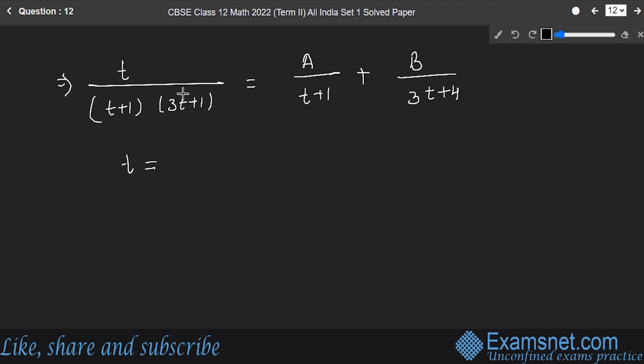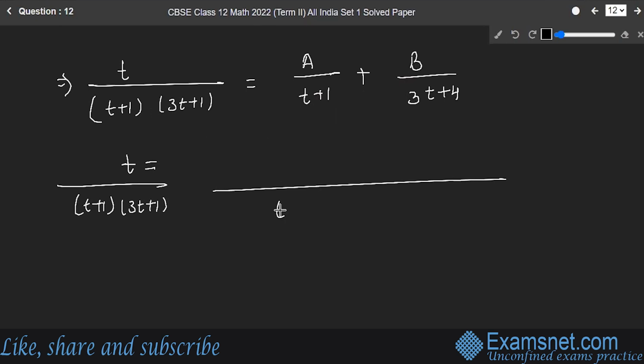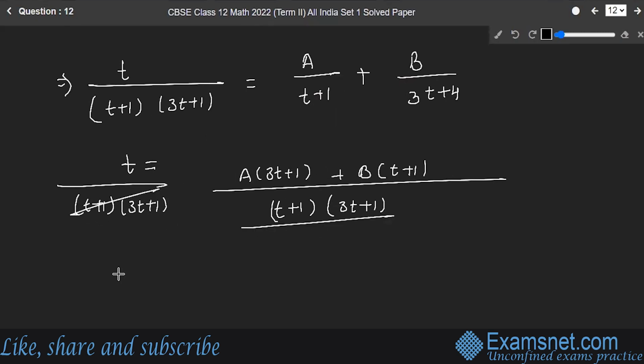So t is equal to, I'm taking the LCM and then cancelling the denominators. Anyways, let's solve it properly. t upon t plus 1, 3t plus 1, that's equal to A into 3t plus 1, B into t plus 1. The denominators will cancel and you will have t is equal to A into 3t plus 1, B into t plus 1.